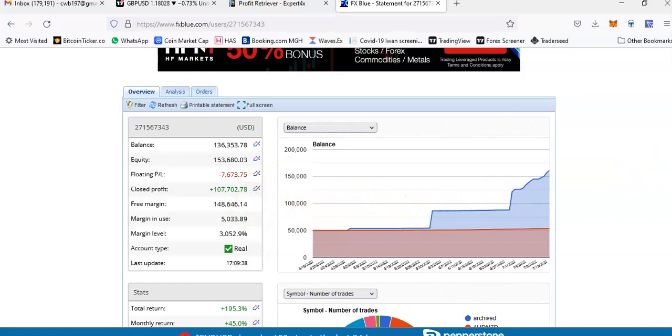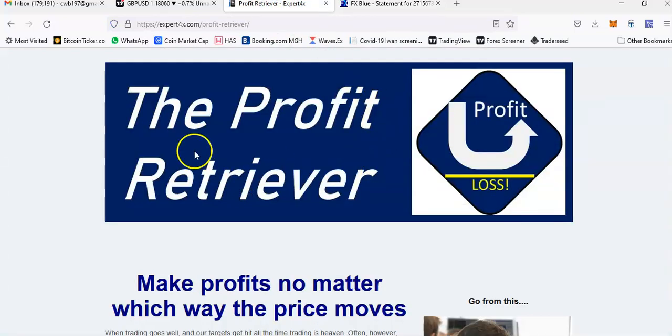As the account grows, I just add robots to this until my broker doesn't allow me to have too many trades open. Then I'll open up another account with the same broker, and continue building my account like that. So yes, I highly recommend the Profit Retriever.